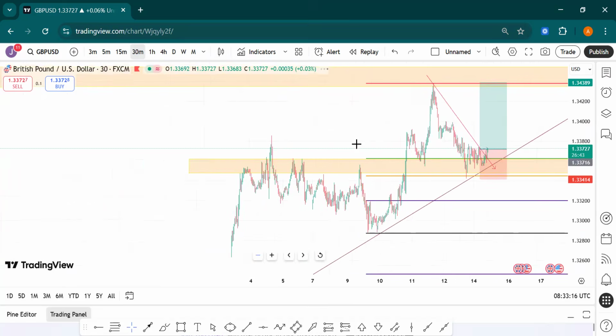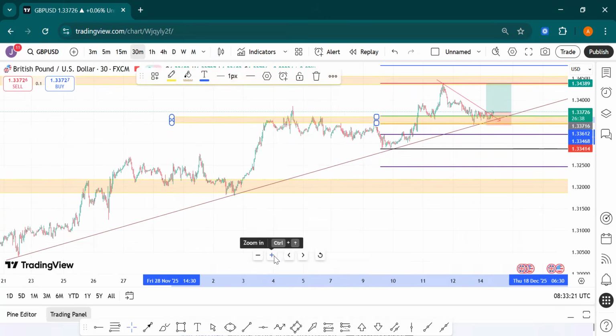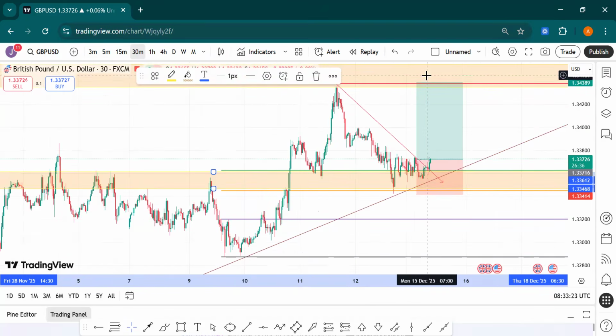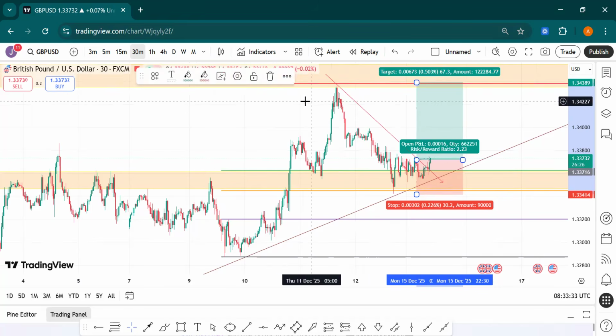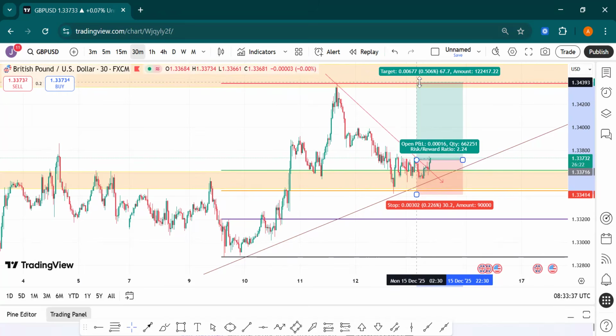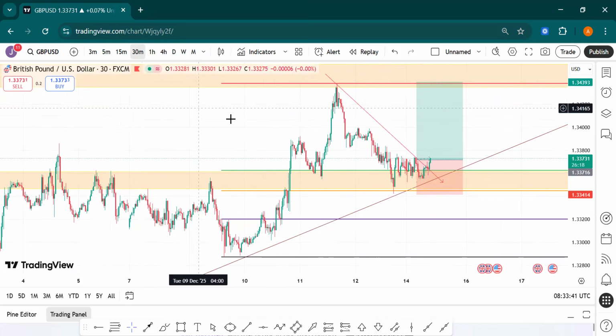You can even extend this a bit further to get a better risk to reward. Or just to be safe, you can put it here at this 100% mark of the Fib.